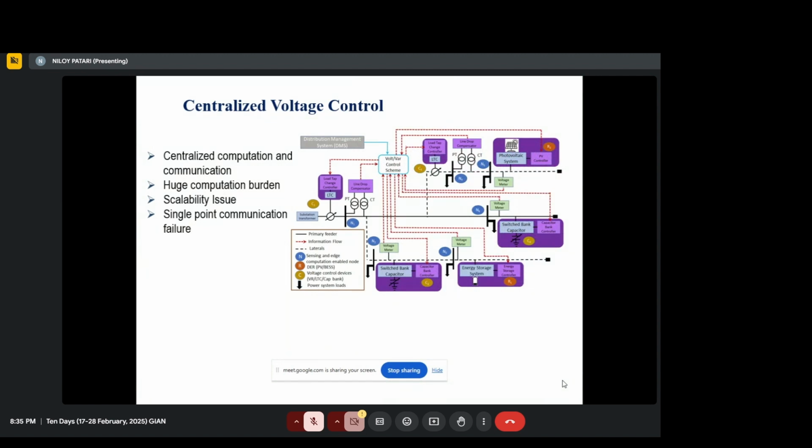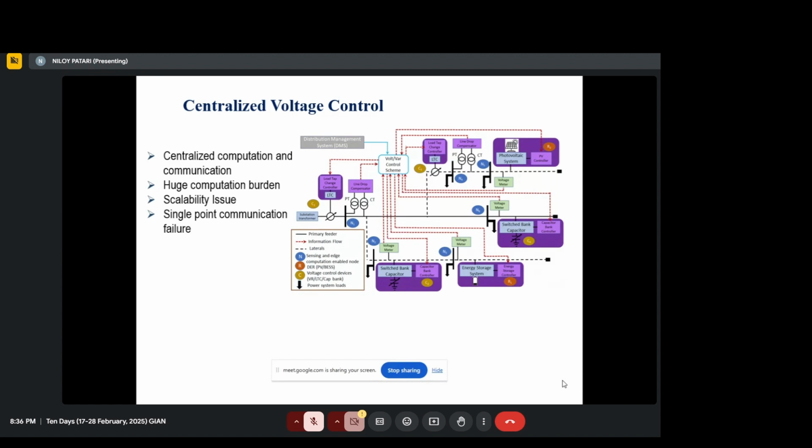So this is what a centralized voltage control looks like. You have this substation transformer, then you have switch bank capacitors and energy storage systems. Then you have photovoltaic system, load tap controller, and all of that. I was talking about that in centralized you have ADMS, or the distribution management system.